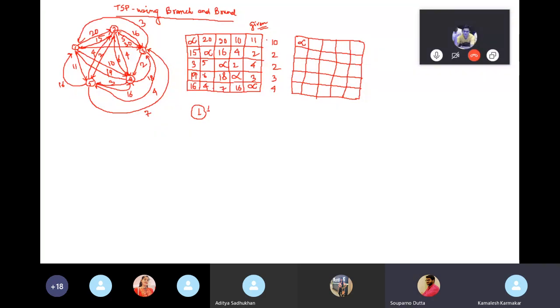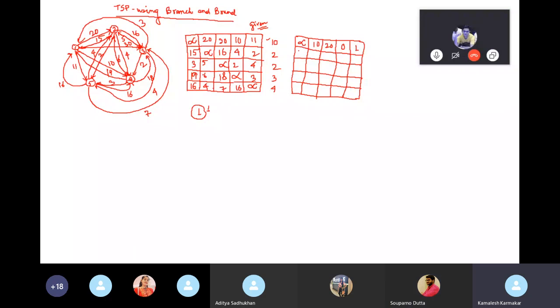You have to deduct the minimum value of the row, so 20 minus 10, this value is 10. Then 30 minus 10 is 20. Then 10 minus 10 is 0. 11 minus 10 is 1.